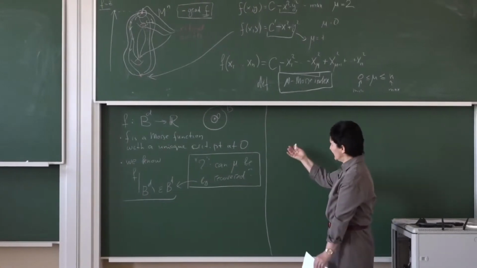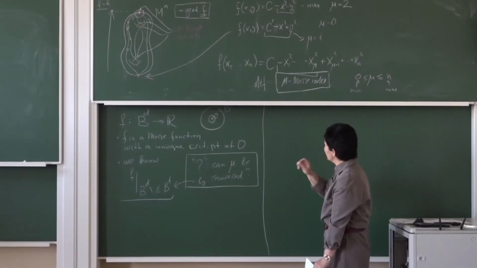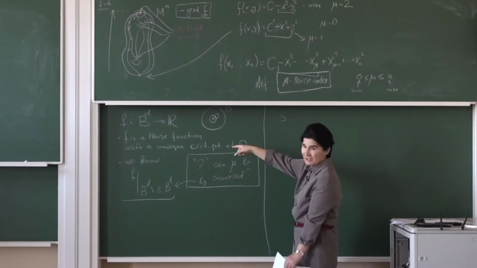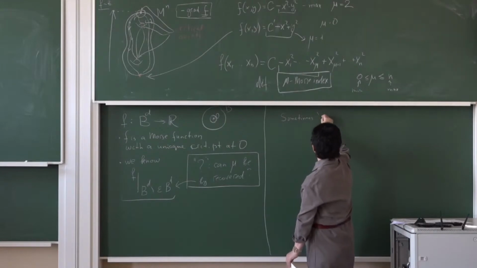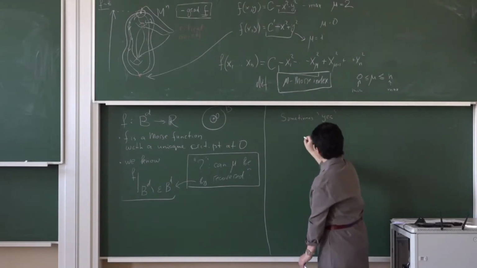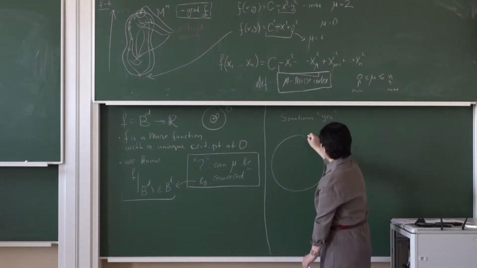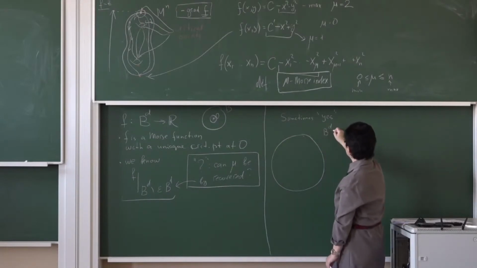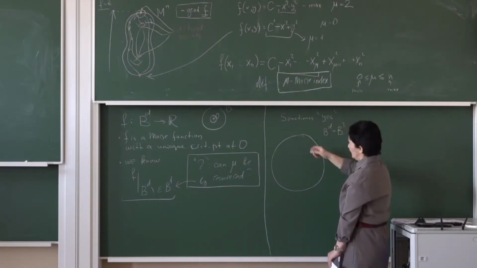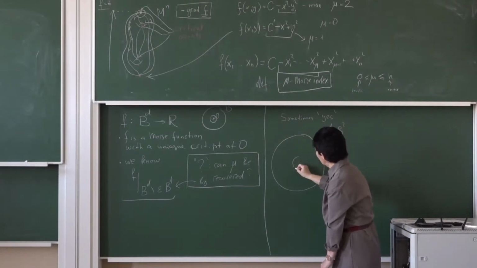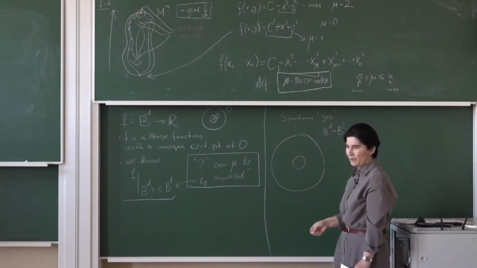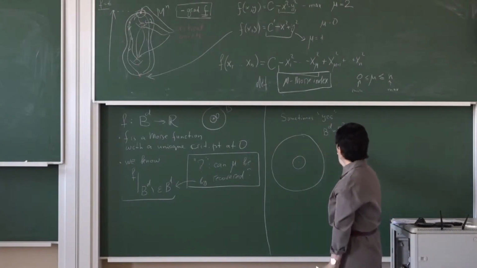The first thing I want to say is that sometimes the answer is yes. Just imagine that we have the following. Let BD be B2, a two-dimensional ball, and we cut out this small ball, and we have a function f.